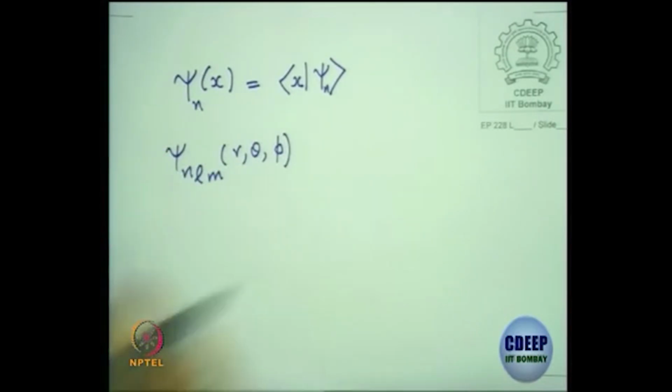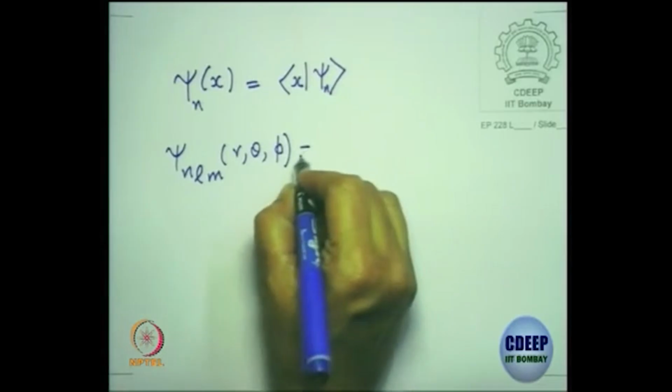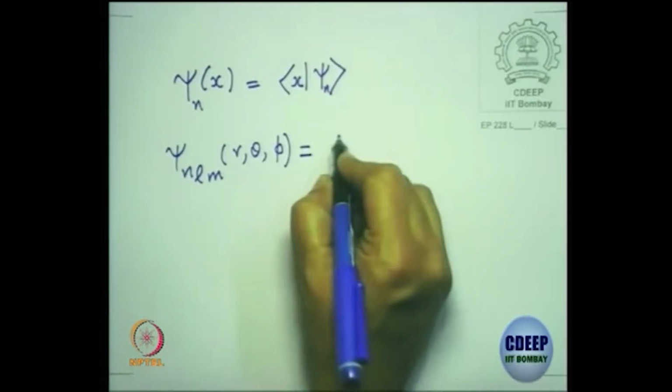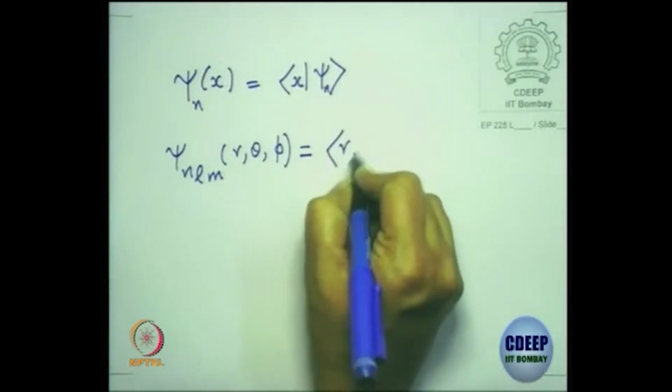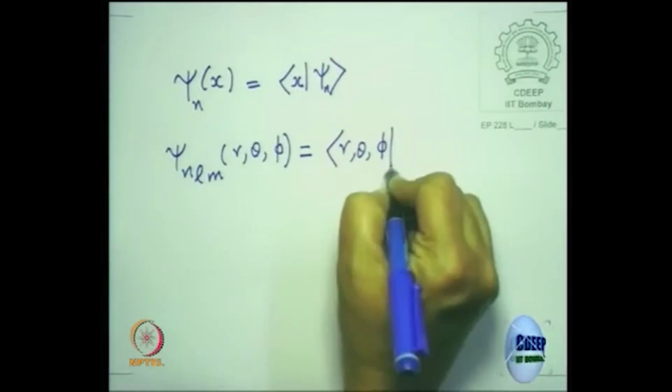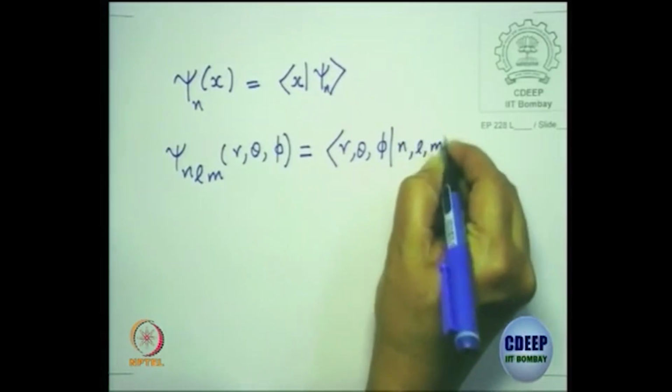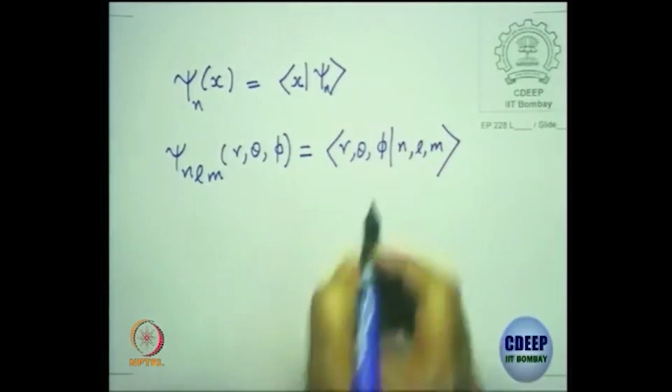Now, for the hydrogen atom spectrum, we found that this is the solution. So, there is a neat way in which you can write this. You can take r theta phi along with n, l and m, or I could put a psi subscript, but both are equivalent.